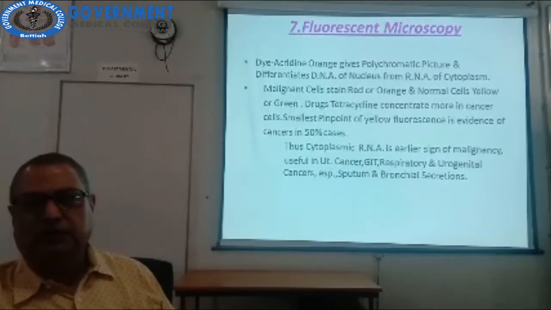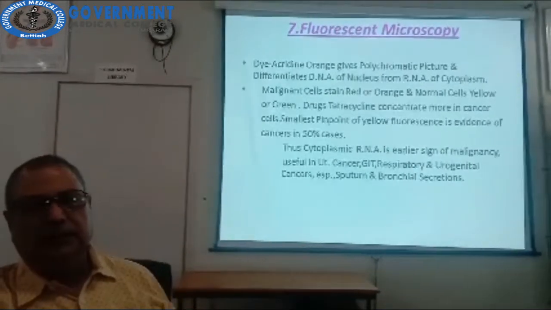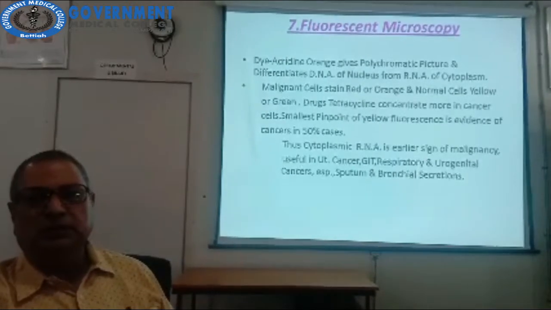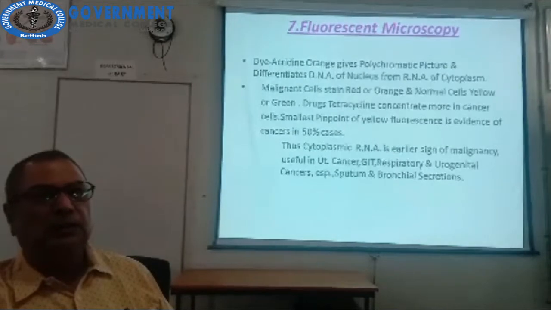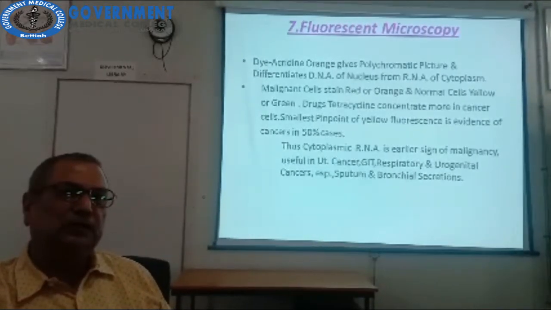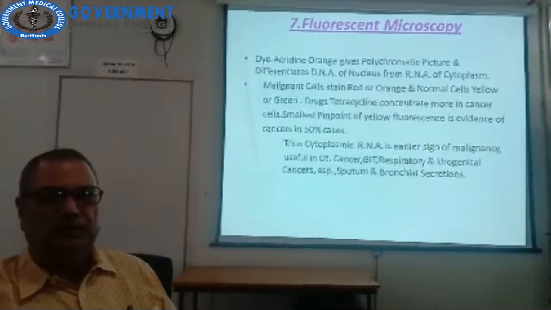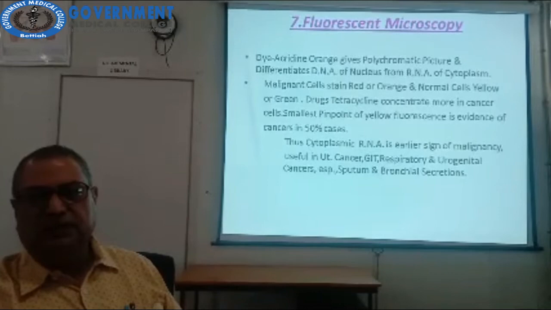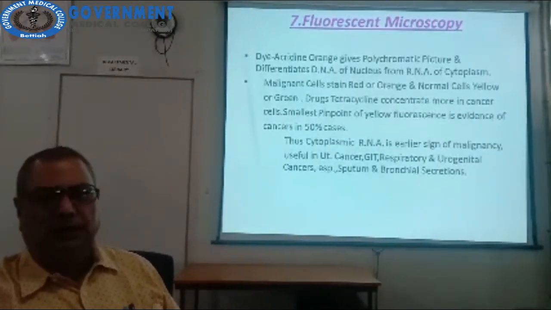Then fluorescent microscopy. After electron microscopy, fluorescent microscopy. Acridine orange is used; it gives a polychromatic picture and differentiates DNA of the nucleus from RNA of the cytoplasm. The malignant cells stain red or orange, and normal cells stain yellow or green.